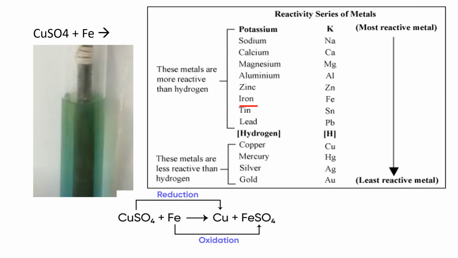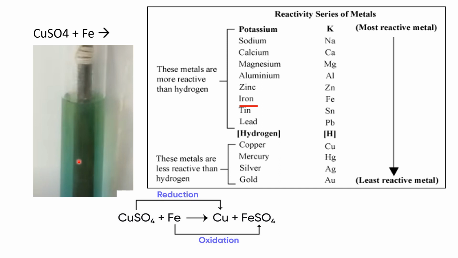So, in this reaction involving copper sulfate solution, initially it is darker blue, and an iron metal. The result of the reaction is the fading of the blue color and the appearance of a brown product.